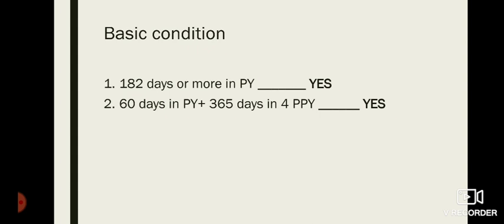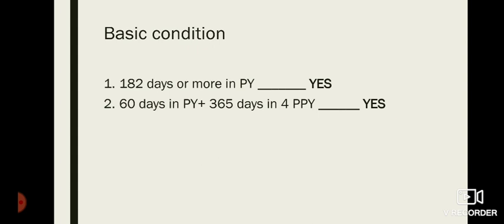Let us check the second basic condition. He has been in India for 60 days in the previous year and 365 days in the 4 preceding previous years. Was he in India for 60 days? Obviously yes, he was in India for 277 days, which exceeds 60 days. Then 365 days in the 4 preceding previous years. See here, Mr. Arun has left India for the first time in the month of January.